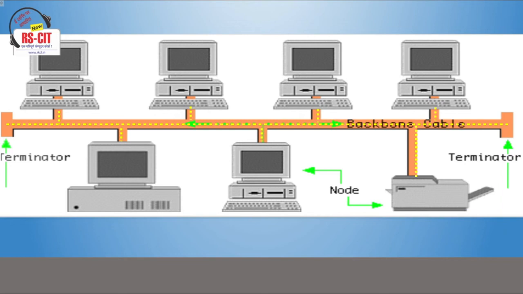A signal from the source travels in both directions to all machines connected on the bus cable until it finds the intended recipient. Because the bus topology consists of only one wire, it is rather inexpensive to implement when compared to other topologies. Additionally, because only one cable is utilized, it can be the single point of failure.